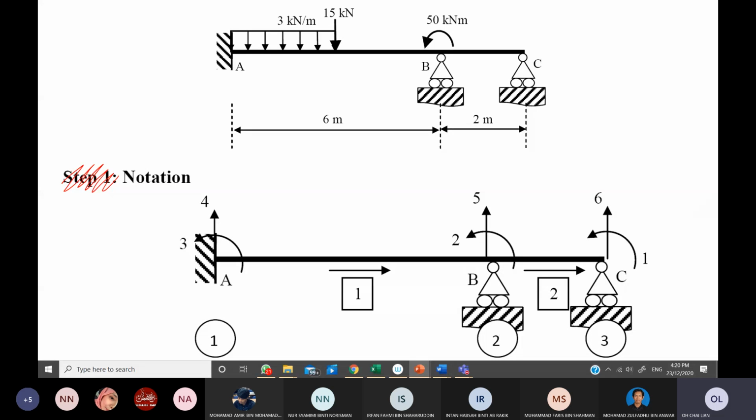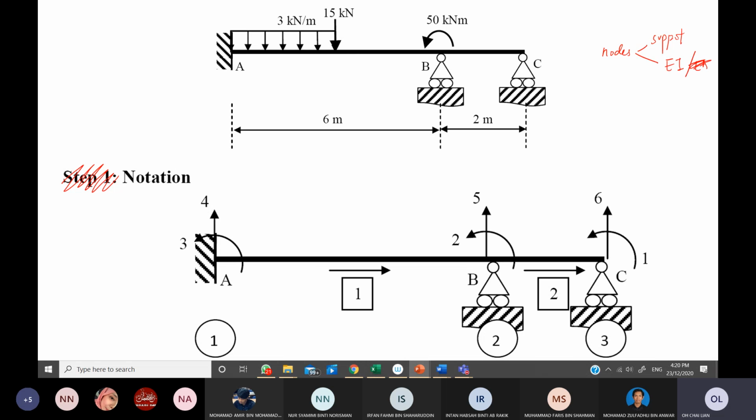Now what I would like to share with you is how to give notation to nodes, elements, and also the DOF. If you still remember my lesson earlier, we put the nodes at supports, or where there is any difference in terms of EI or EA.